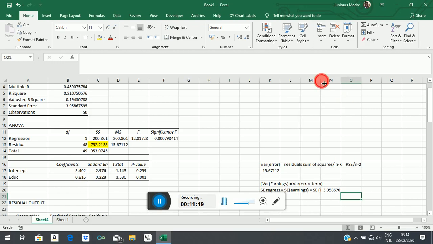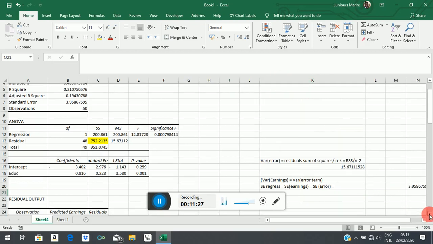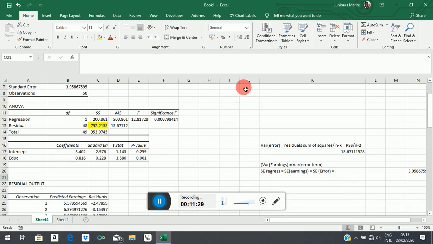Now I want you to observe something here, very important. This is the standard error of the regression, which is also the standard error of our error term.